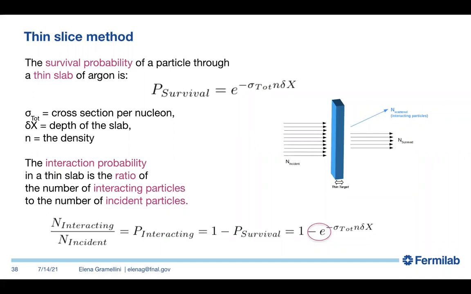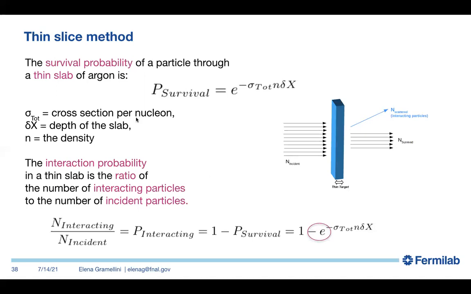At their bare bones, when you're measuring a cross section on a thin target, you're basically sending a bunch of particles onto a thin target. You know how many you sent. You measure how many survived, and whatever the difference is, that's how many interacted.